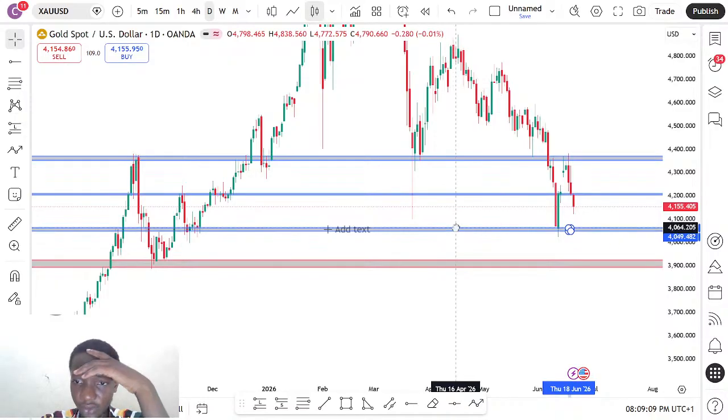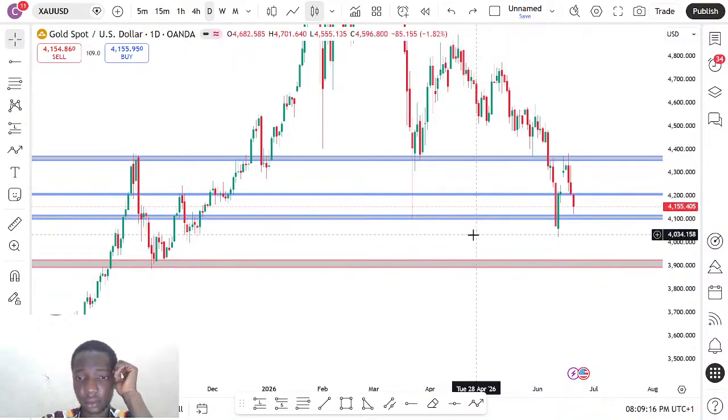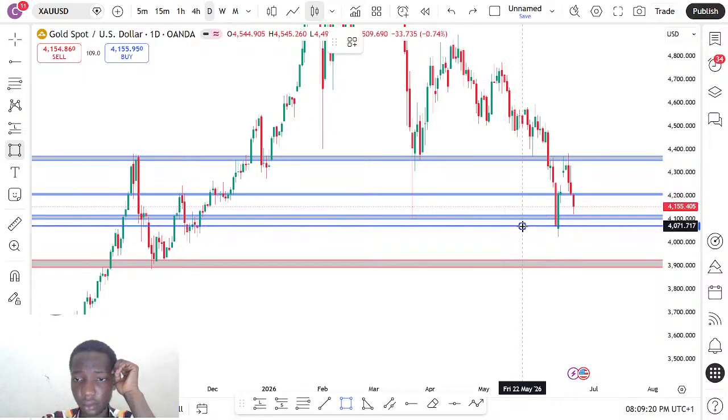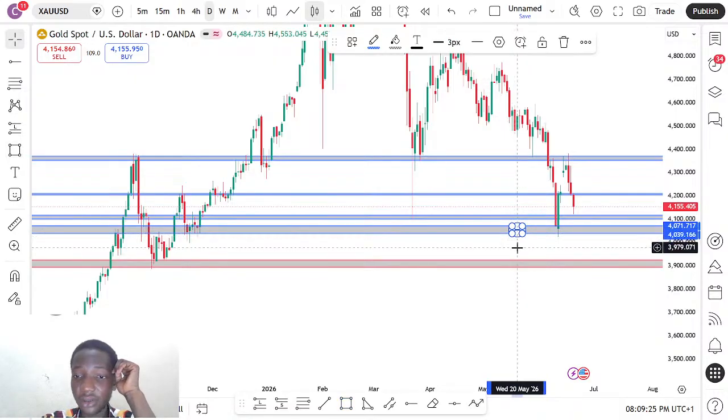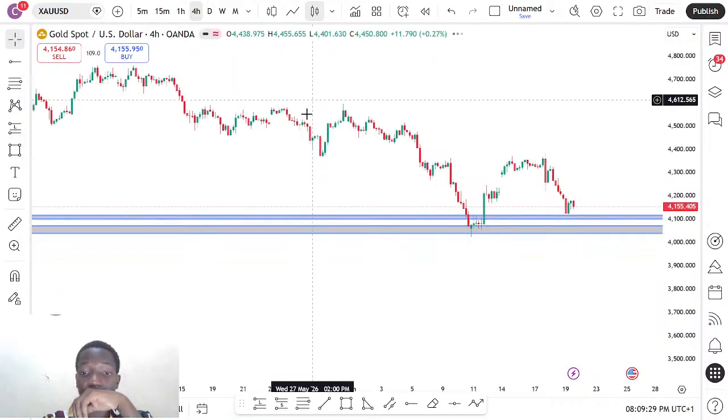I'm still taking or shifting this to the downside here. This is how I personally trade. I don't know about how you trade your own, but this is how I personally trade.